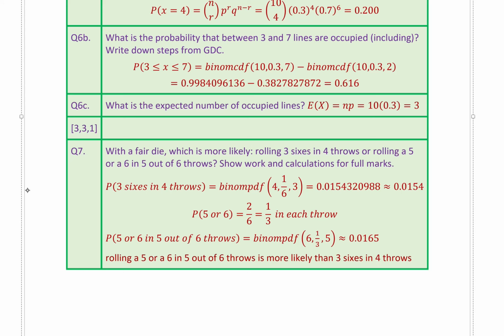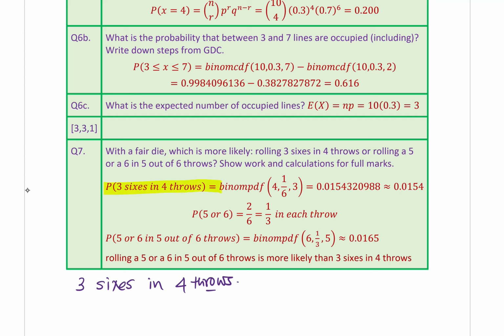One is rolling 3 6s in 4 throws. We can use the calculator itself. So in this case, we calculate the probability of exactly 3 6s in 4 throws, right? So the binomial PDF function will be applied, and you can calculate the answer rounded to 3 significant figures, right?